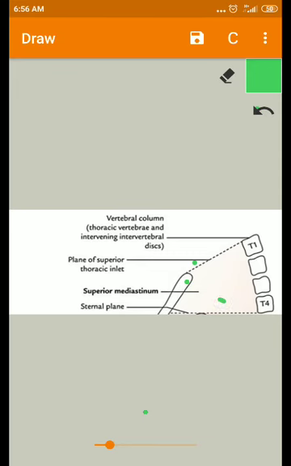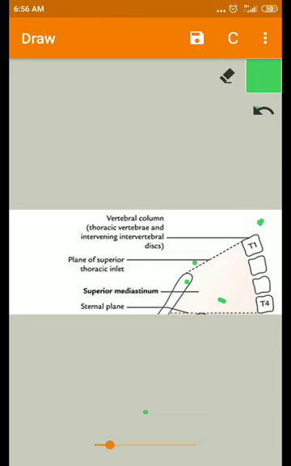Now, the organs which are passing from posterior to anterior are the main structures.